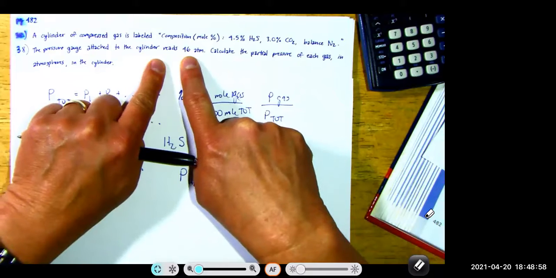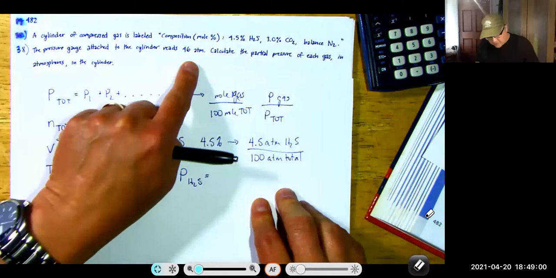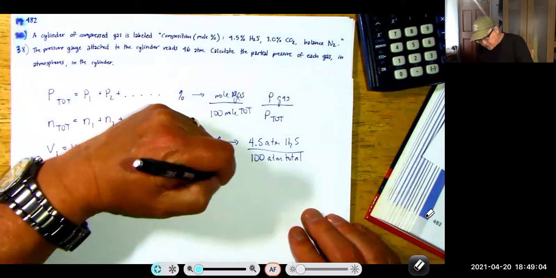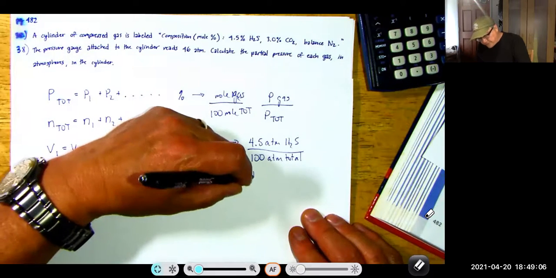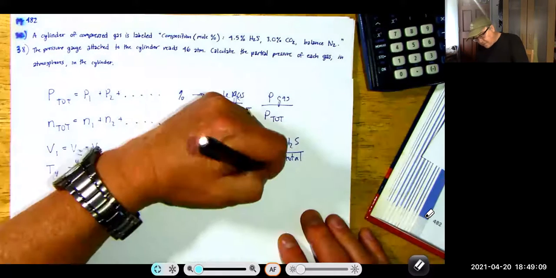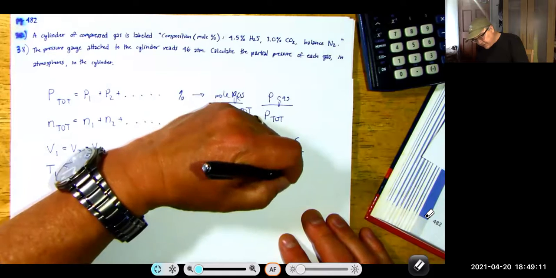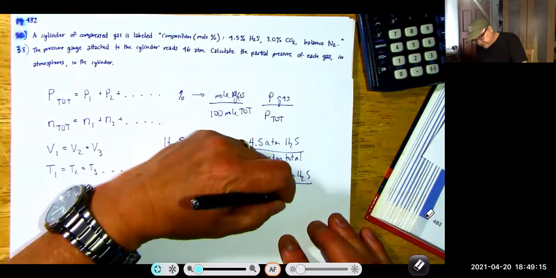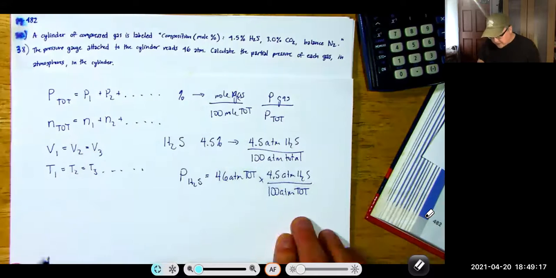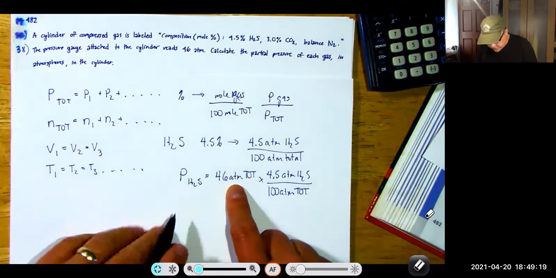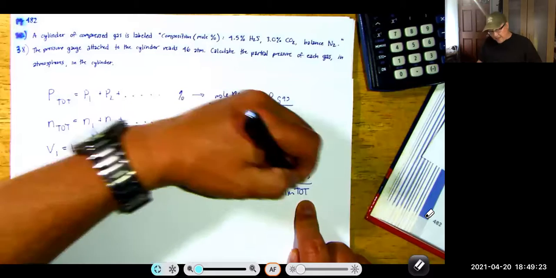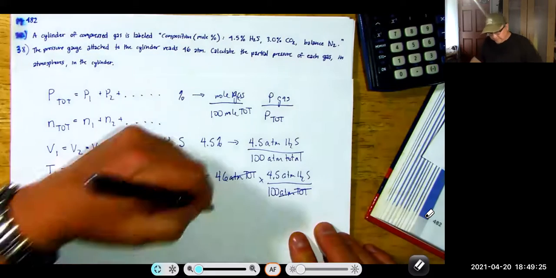Mm-hmm. So that's the pressure total. So I've got 46 atmospheres total times 4.5 atmospheres of H2S per 100 atmospheres total. And you see here with the labels, I'm not only using the unit, but I'm using the label, and atmosphere total cancels with atmosphere total.